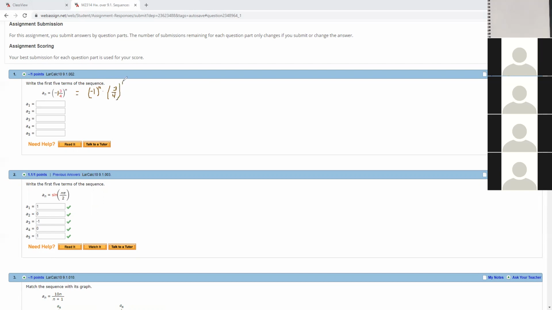But if it is separated, it should be a very loud slap in the face, if you will, or a bright light that says, this does what to the terms of the sequence? This -1 to the nth power. That's an n right there, up here. Brian, what does this -1 to the nth power do to the terms of the sequence?